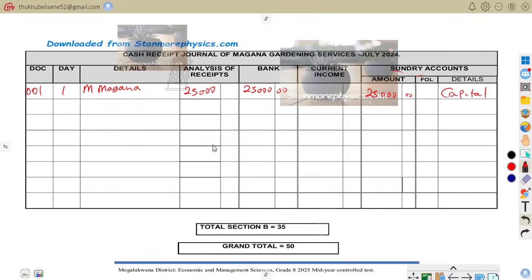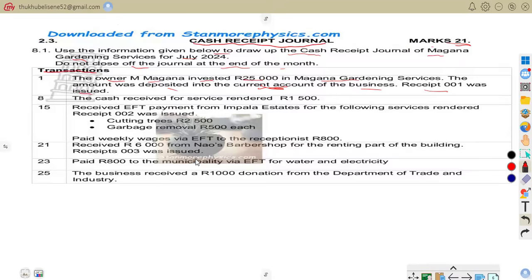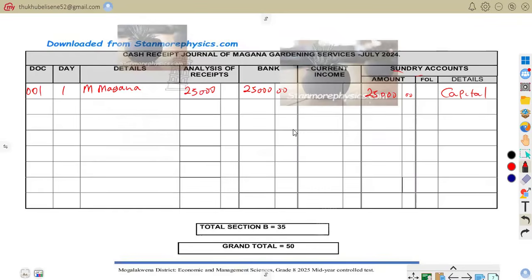Now let us go to other transactions that will affect our cash receipts. On the 8th, it says cash received for service rendered is 1,500. So we received the cash, and this does affect our cash receipts journal.